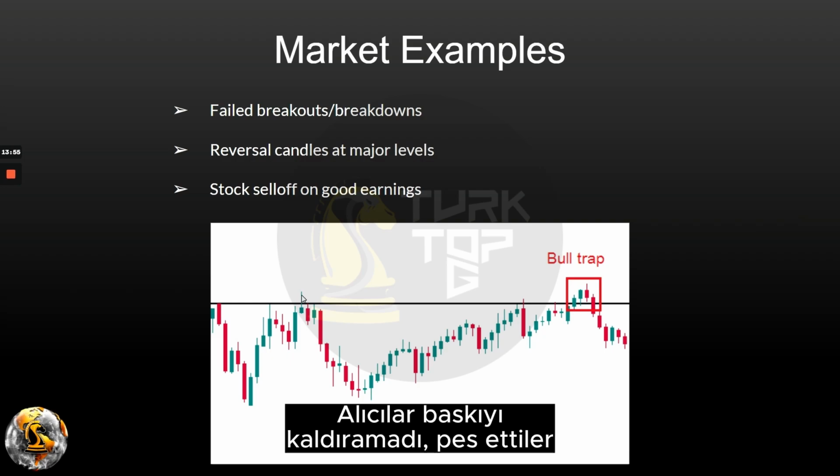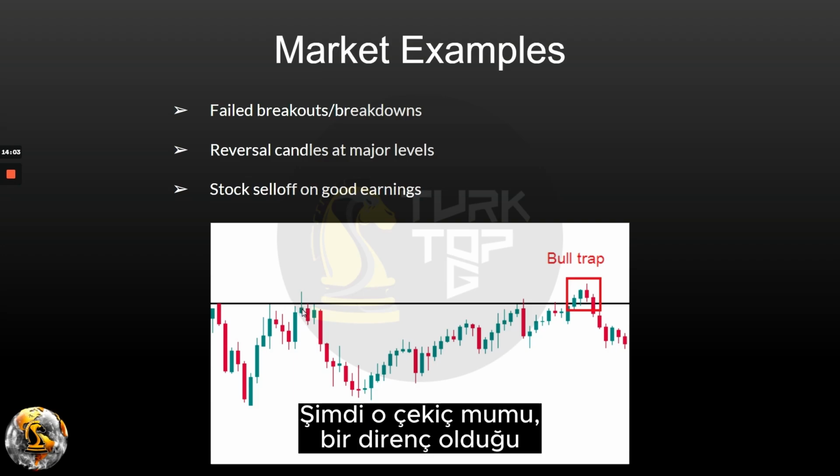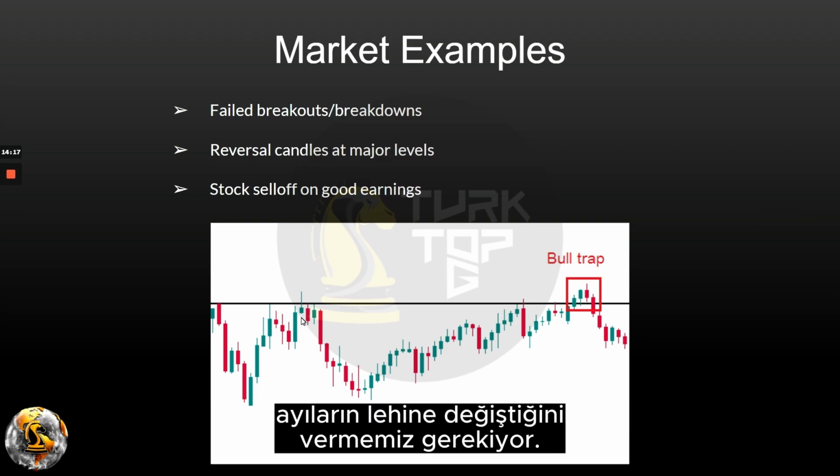The buyers could not keep the pressure, they gave up, and we closed with a hammer candle at resistance. Now, that hammer candle, because it's at resistance, just changed the probability of us being bullish. When we were coming into the resistance, we were bullish. But as soon as we got this reversal, the odds have shifted in favor of the bears.